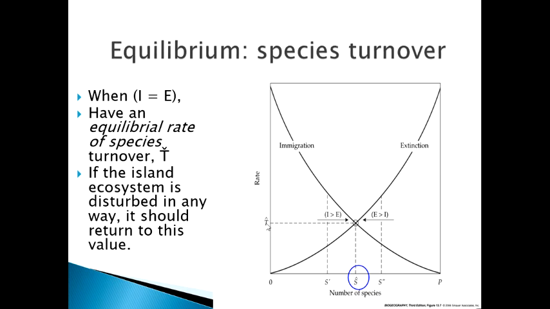And notice it plots on this y-axis on this particular diagram. So equilibrial number of species plotted up to the point where immigration equals extinction, shoot over to the y-axis, and that value is this equilibrial rate of turnover.